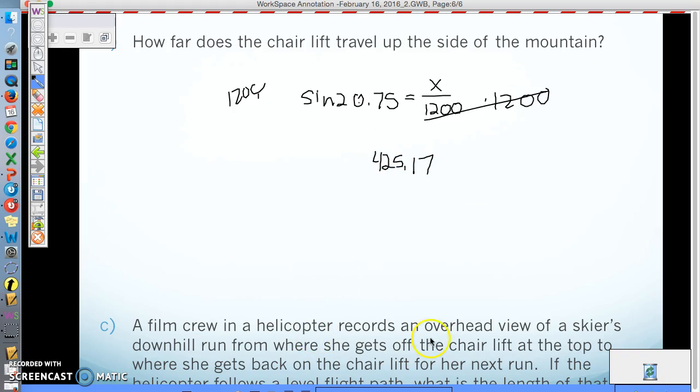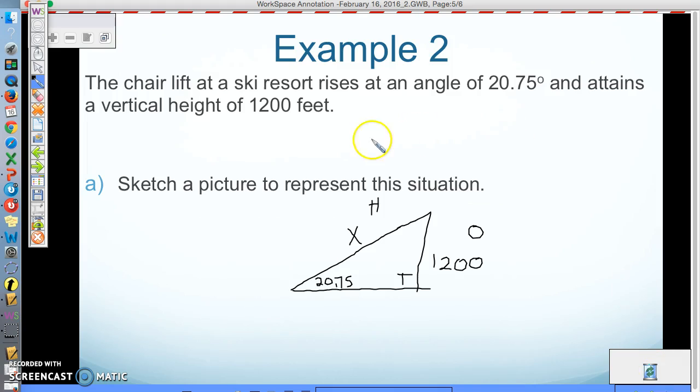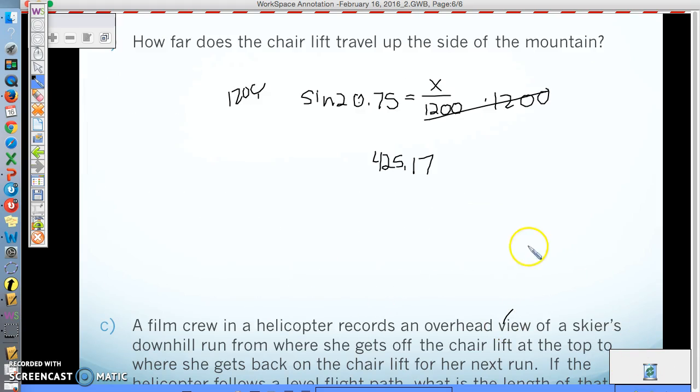A crew in a helicopter records an overhead view of the skier's downhill run from when she gets off the chairlift till when she gets back on. If the helicopter flies in level flight, that's like saying we have a helicopter flying following here. So really that is this part down here. We could call that B. So now we have opposite, and this would be the adjacent. So we could say that the tangent of 20.75 equals opposite over adjacent.